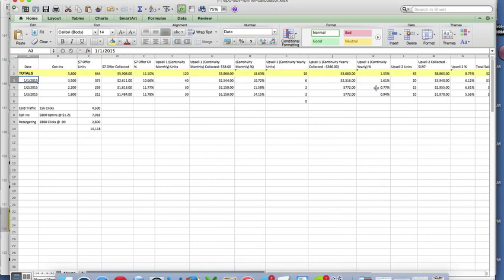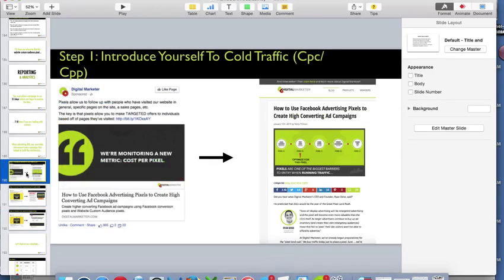So now I have to go back and calculate what we spent. Of course, we ran this first ad here to introduce ourselves to cold traffic and to send traffic over to a blog post. So we sent 15,000 clicks, right?